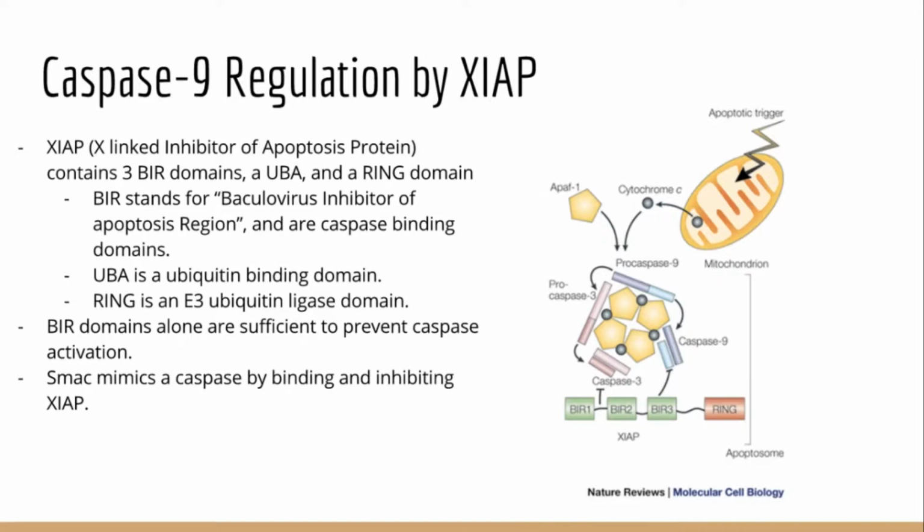Well, the SMAC proteins are basically decoy caspases that bind to these BIR domains, and they prevent the inhibition of the caspases by the IAP proteins. So the SMAC protein is basically a suicide inhibitor of these XIAP proteins, and it binds and won't let go, and it prevents these BIR domains from inhibiting the caspases.